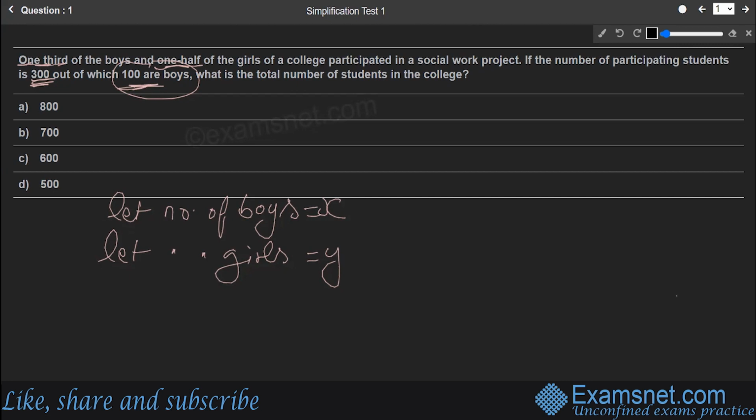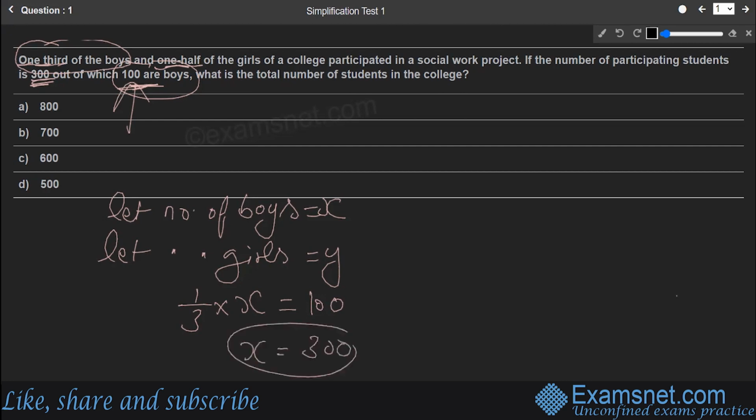So 1/3 of the boys, that is x, is equal to the number of boys participated, given as 100. So we can write 1/3 of x is equal to 100, which gives x is equal to 300. So the number of boys we have calculated to be 300.